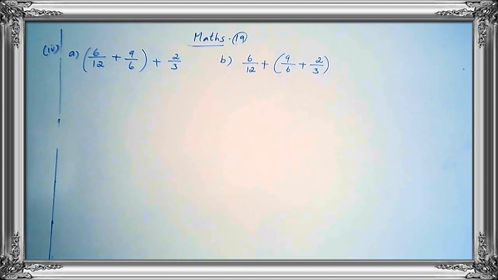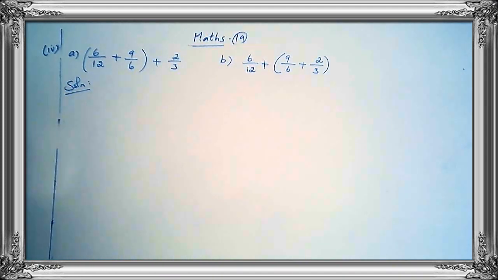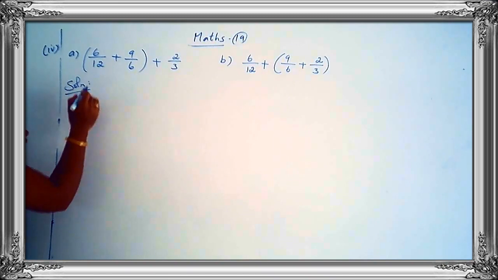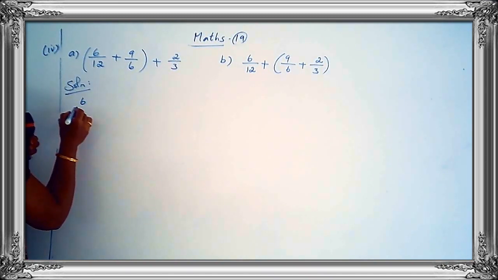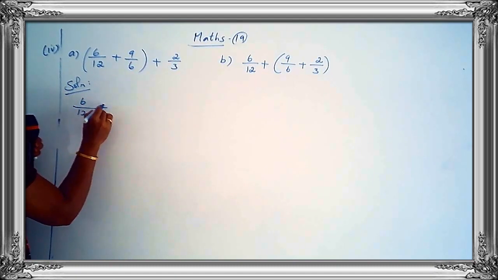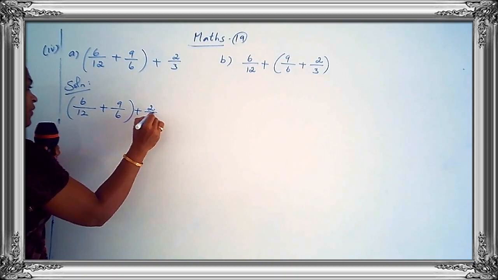Yes? Now all of you listen carefully. Okay, here questions are given in rational numbers. Now you see that first part, A part, we have to find the value of A part first. Okay, so 6 upon 12 plus 9 upon 6 plus 2 upon 3.